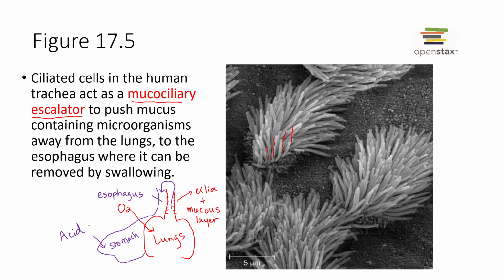So it's part of the first line of defense. Pushing things into the stomach, where those microorganisms are denatured and destroyed, is a really important part of our protection from pathogens.